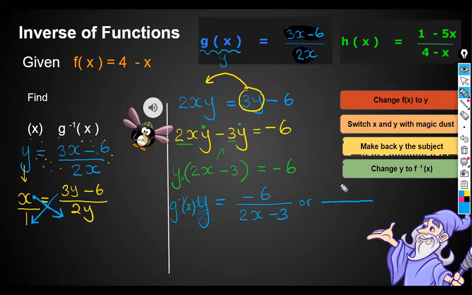The -6 will be +6, and underneath the signs become opposite too, so you have -2x plus 3. Both of these may look different, but they are mathematically equal. So whether you get the first answer or the second answer, it's 100% correct. But the signs must be correct too.